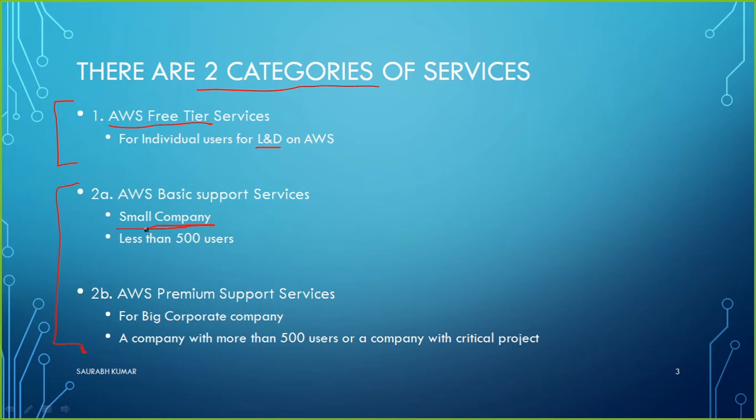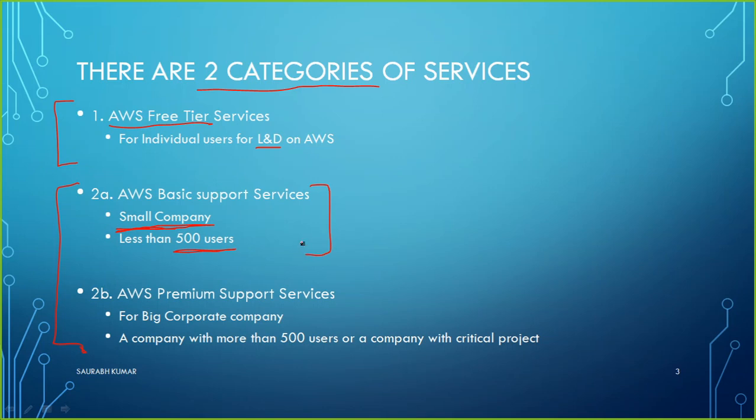Amazon has a kind of label that if any organization has less than 500 users, they consider it a small company, so they can go for the AWS basic support service, where you will have some support from AWS, but it will have some limitations.